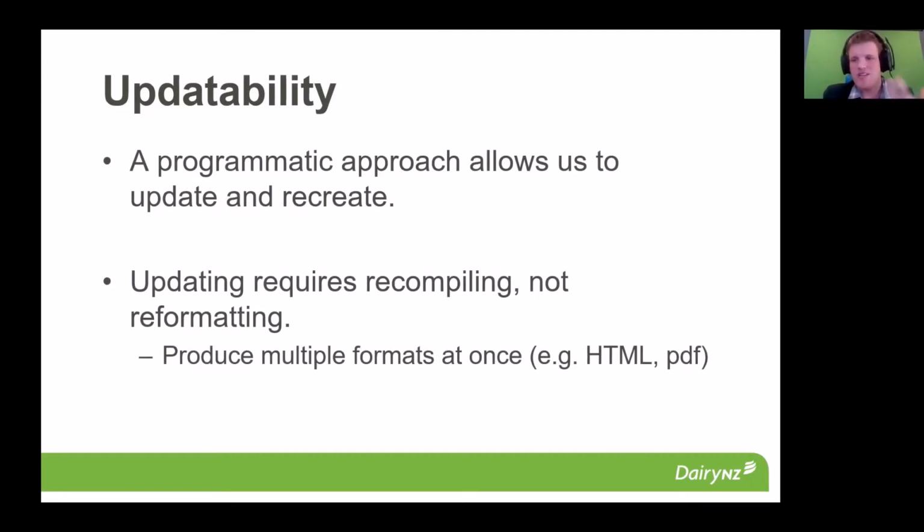There's no changing the tables, there's no reformatting stuff, there's no changing the text about to shift it to make sure it all fits now. All we have to do is change the data source and press compile. And the other thing about using R Markdown is that we have a web version and a PDF version. They're both updated at the same time. We don't have to go to the website, make a bunch of changes, and go to the PDF and make a whole bunch more changes.